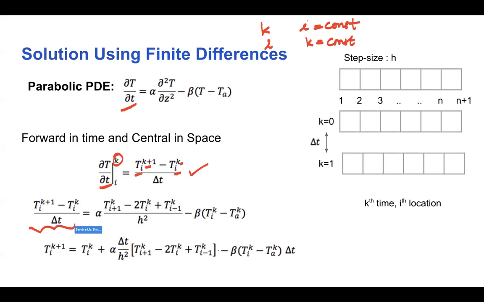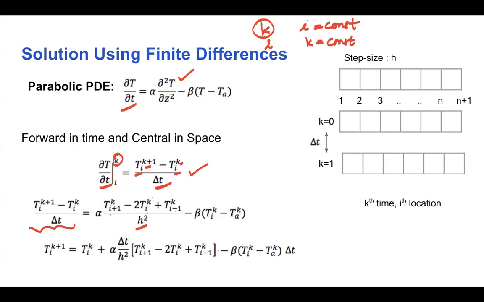Now this we have to take with respect to position. With respect to position, what happens? We'll keep the time constant. So K is a constant. That is why you see K, K, and then you will have I taking as I plus 1, I minus 1, divided by h square. Here you can see the interval is dt, here the interval is h, minus Ti^k, alpha.